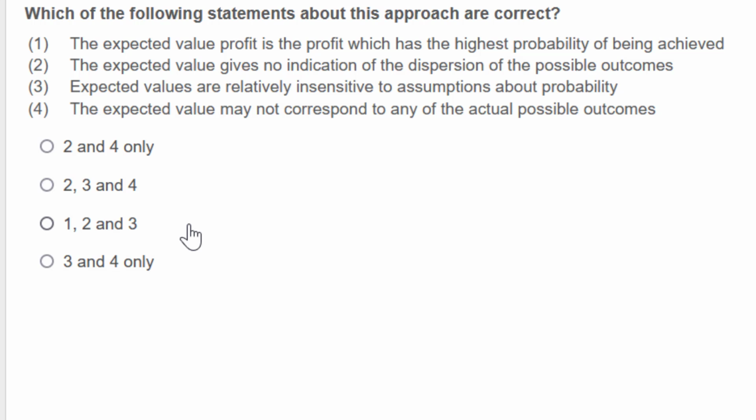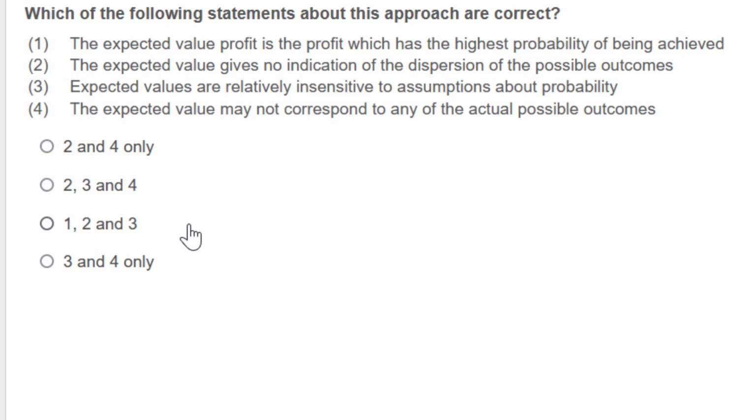So we know that 4 is correct, and we just have to now test 2 and 3, see if we like them. Statement 2. The expected value gives no indication of the dispersion of the possible outcomes. That is correct. In order to evaluate how spread out the data is, we would need standard deviation. So I'm liking statement 2.